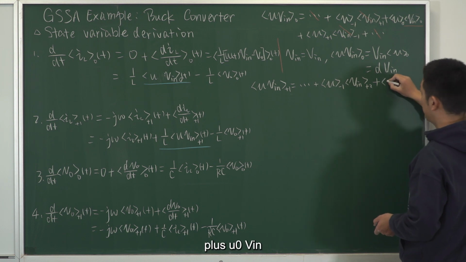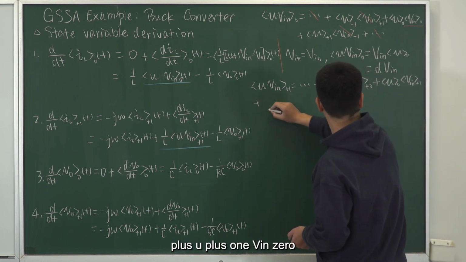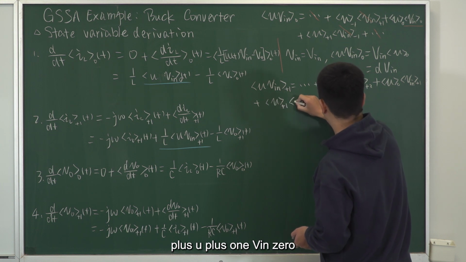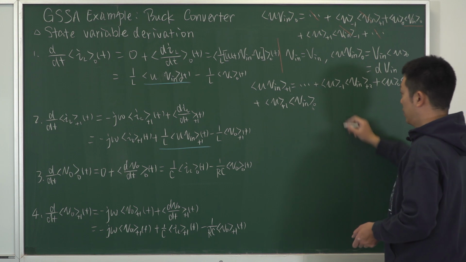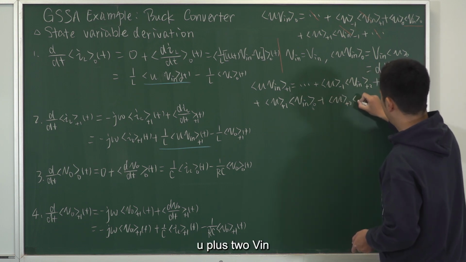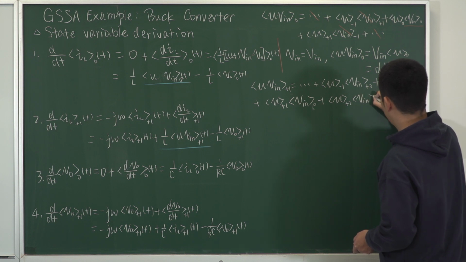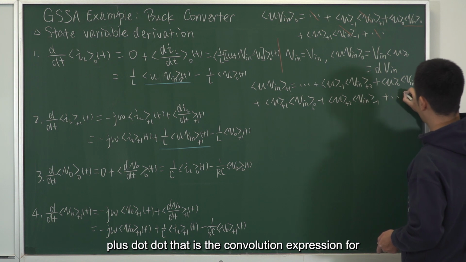Plus U 0 V in plus 1, plus U plus 1 V in 0, plus U plus 2 V in minus 1, plus dot, dot, dot.